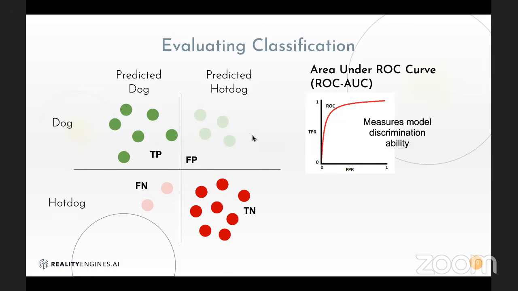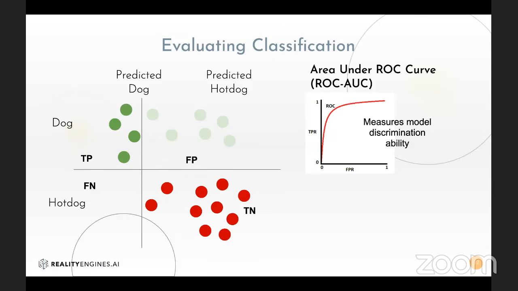ROC depends on the notion of a prediction threshold. Usually in models, you don't just predict whether it's a dog or a hot dog, but you predict that with a certain probability. So if we vary the threshold, we get different numbers. We might predict everything up to that point as a hot dog, or up to that point, and that gives us different metrics.